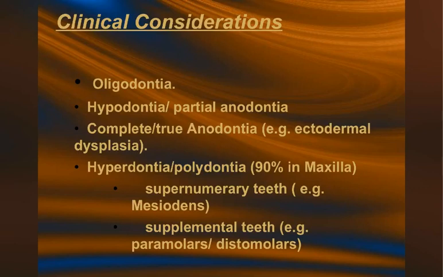The most distal one is considered the extra. These two molars, sometimes you have, instead of three molars, you have four molars. And the most distal one is considered the extra tooth, so it's called distomolar.